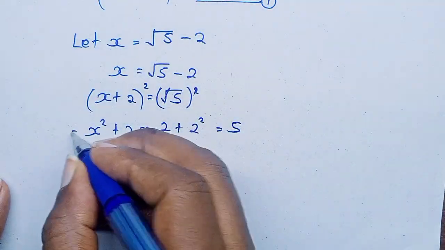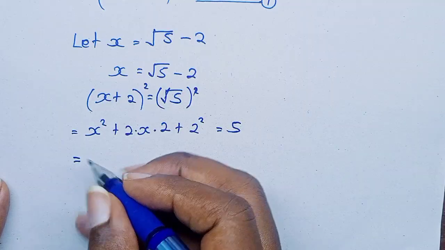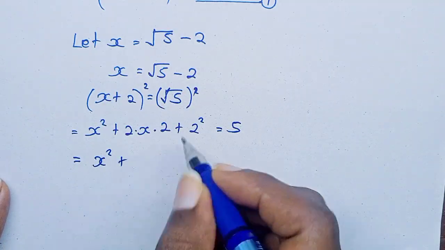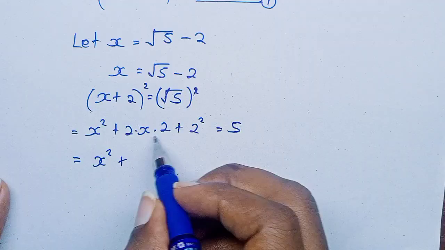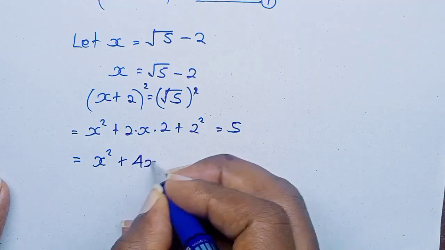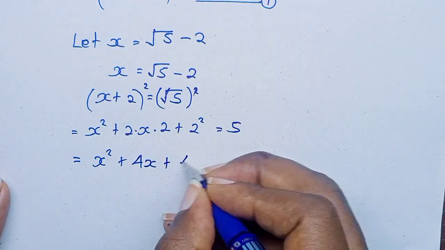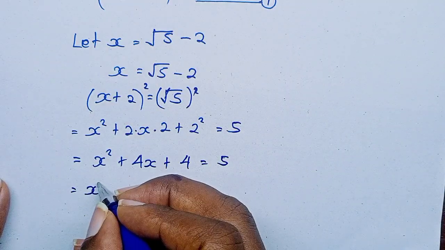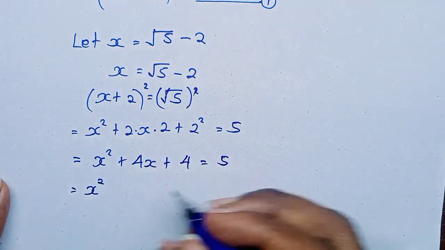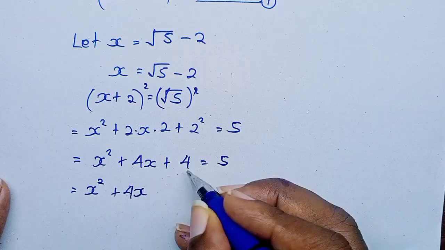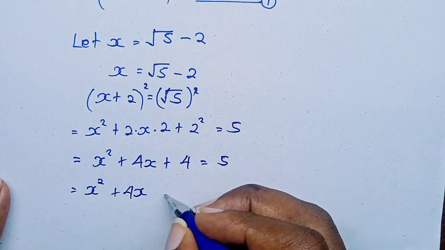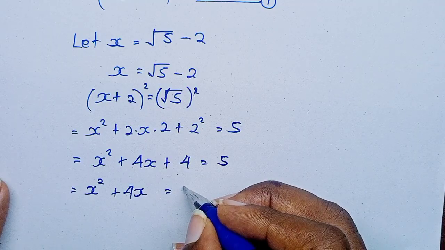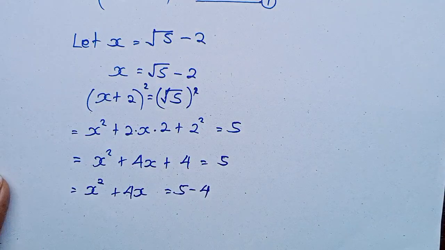So this is x squared plus 2x times 2, which is 4x, plus 2 squared, which is 4, being equal to 5. This is x squared plus 4x. When we take the 4 this side, it becomes 5 minus 4.